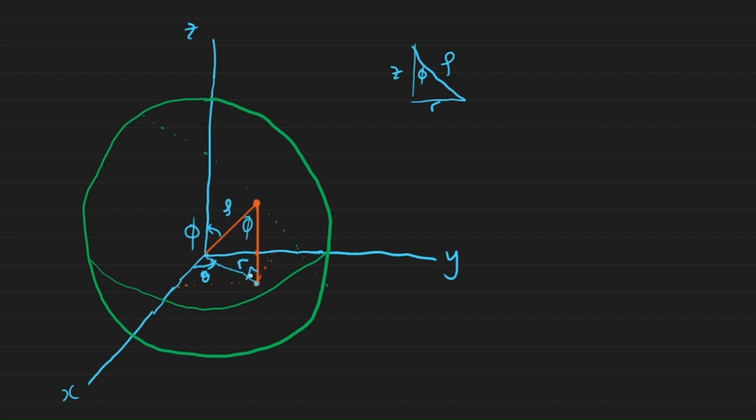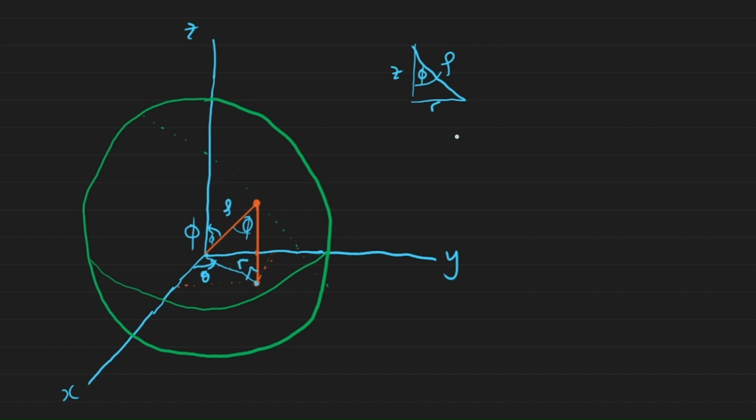Remember, in geometry, there is something called alternate angles. So if this angle here is phi, then this angle here is also equal to phi. You can see that it makes an inverted N shape. So that angle is equal to that angle. Okay, so now we can just write our normal trigonometric ratios.